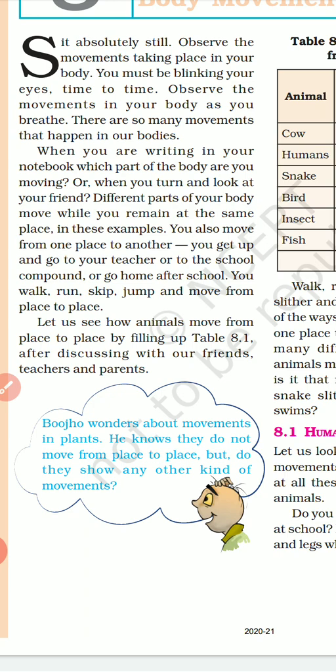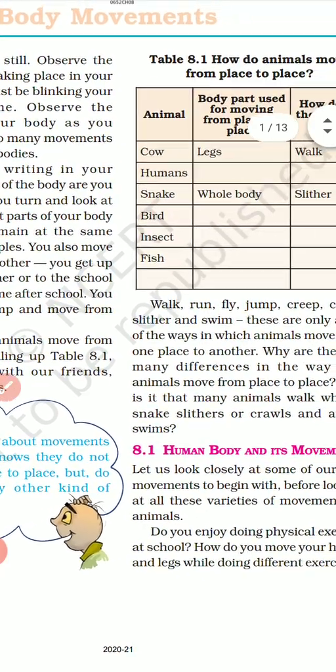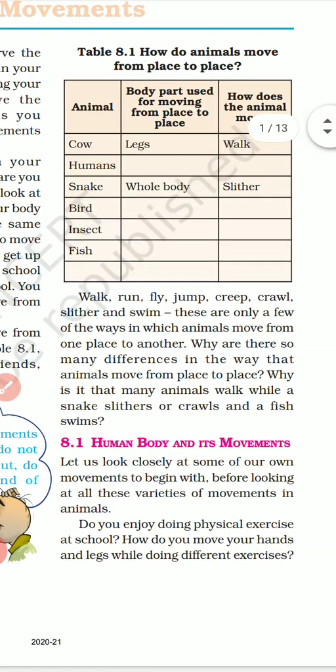There are a lot of changes which are taking place in the plant, right? So now how do animals move from place to place? This table you have to do, right? This cow has legs and it walks. So like this human, then like this you have to write.